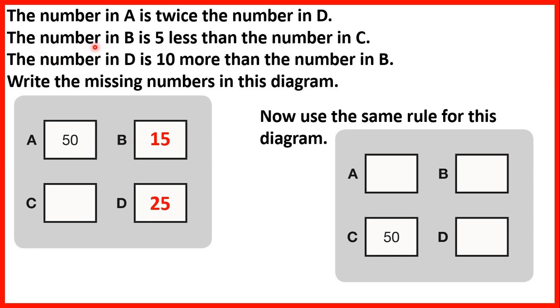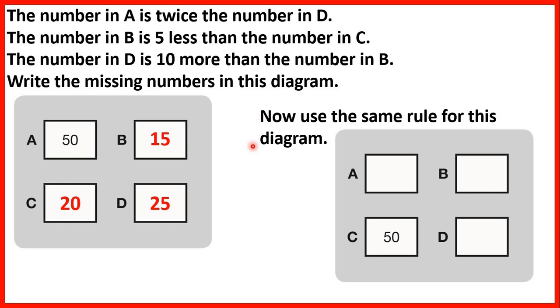So now the number in B is 5 less than the number in C, and 15 is 5 less than 20. If we add 5 to 15, we get 20, so C is 20.